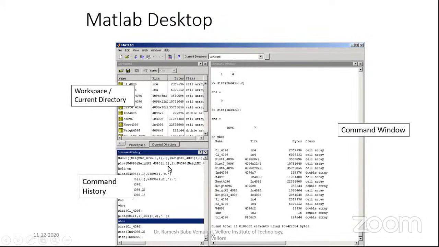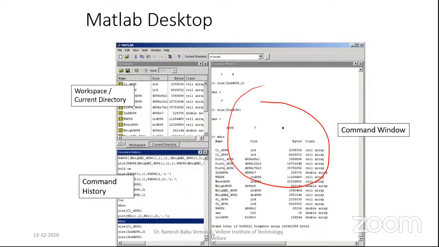So this is how the MATLAB command window looks. It is actually an older version, but the appearance is the same. Now also it appears in the same manner, only the tabs and all are a little bit modified. So this is the command window where you can check the display of all the output.